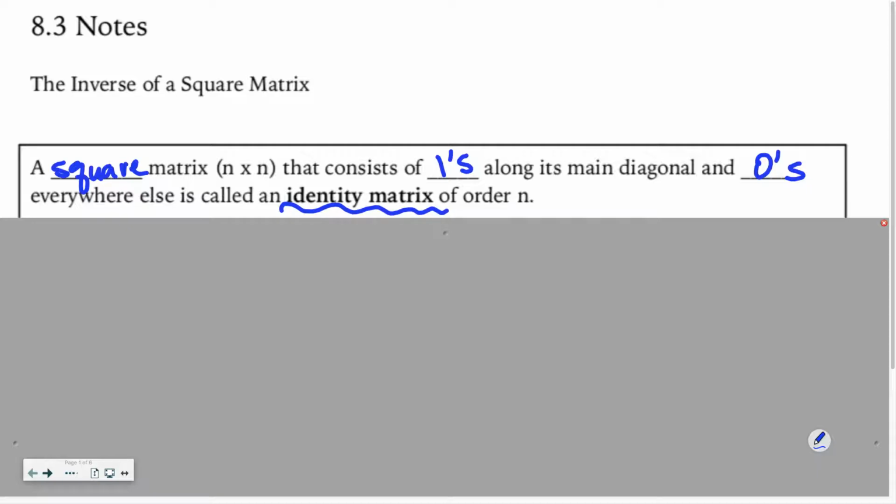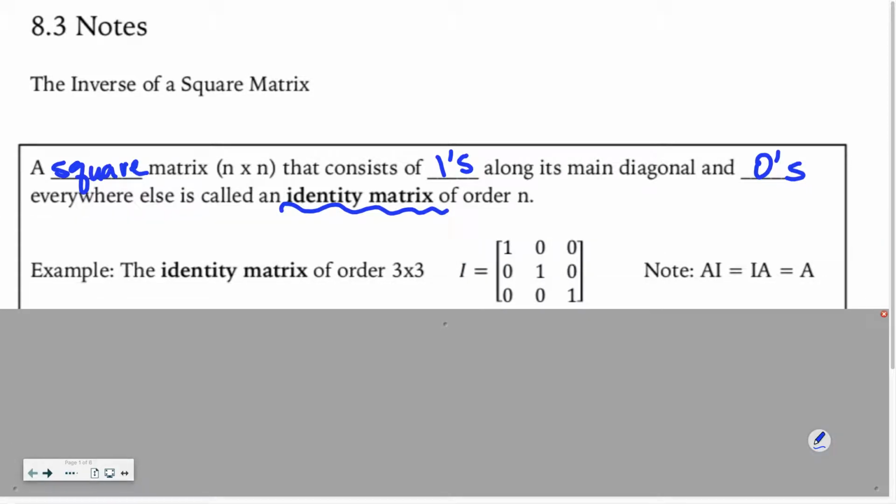Now we're just talking about normal matrices. There's no dots, no representing of an equation. It's just a matrix with numbers inside. So a square matrix that has ones along the diagonal and zeros everywhere else is called an identity matrix. So this right here is the identity matrix for a 3x3. You see the ones along the diagonal, zeros everywhere else.